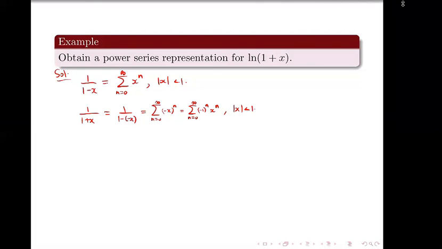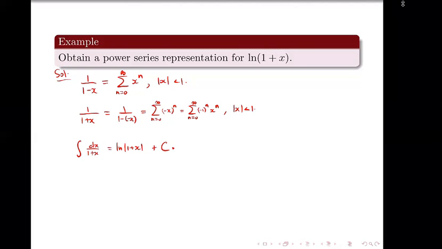Now, look at this. Integral of 1 over 1 plus x dx is equal to ln of absolute value of 1 plus x plus the arbitrary constant c. Correct?